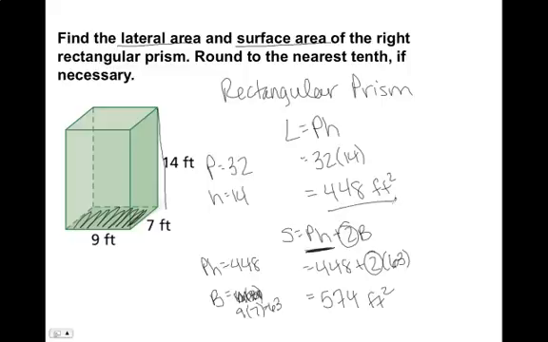So the lateral surface area is 448 and the total is 574 square feet. Make sure if you're finding both, go back and check your answers and do they seem reasonable? Is the lateral smaller than the total? That should happen because this is only for these lateral faces going around. If it's not, go back and check your math.